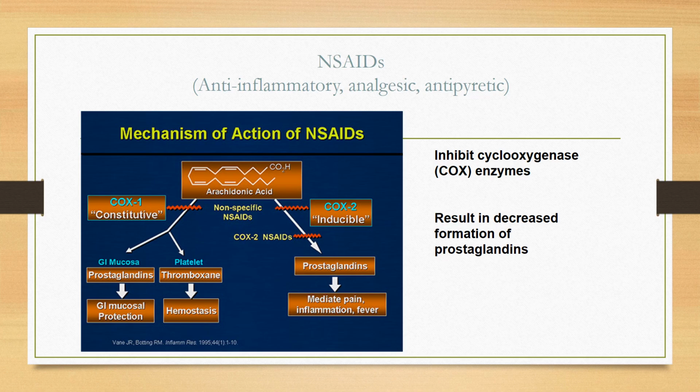But what they do is dependent on which enzyme. You can have COX-1 or you can have COX-2, and with NSAIDs we can have COX non-specific, COX-1 specific, and COX-2 specific. We'll get into that in a little bit.